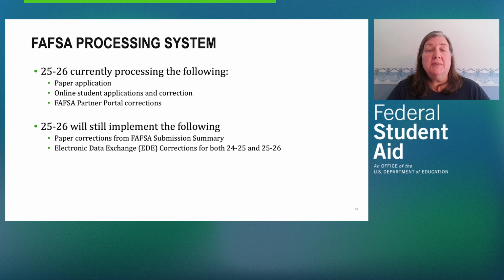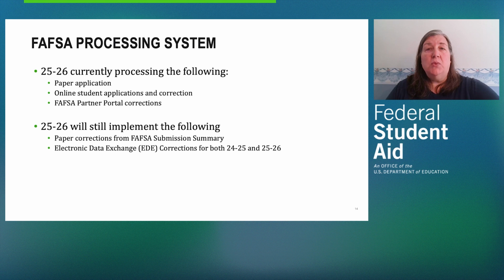We will also be bringing in some additional functionality later on in the cycle. The first one will be paper corrections to the 25-26 application. This is where students or the contributors can make changes to a printed FAFSA submission summary. So we will be accepting those changes.